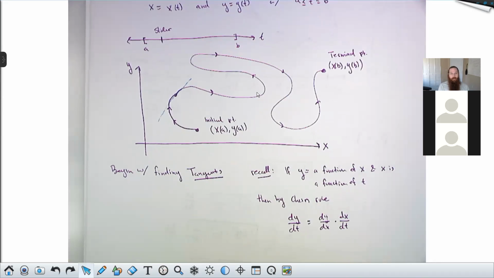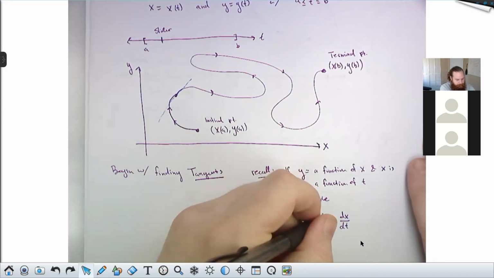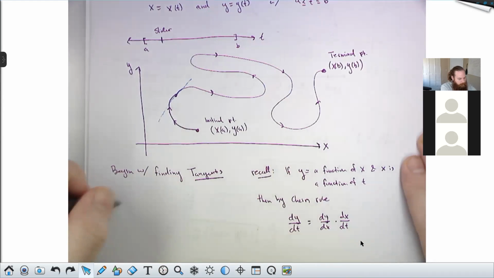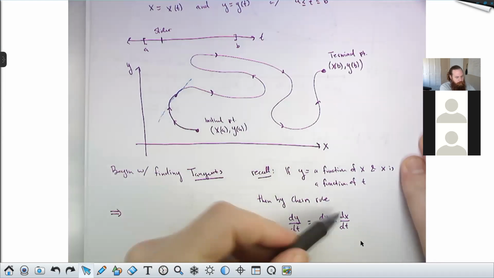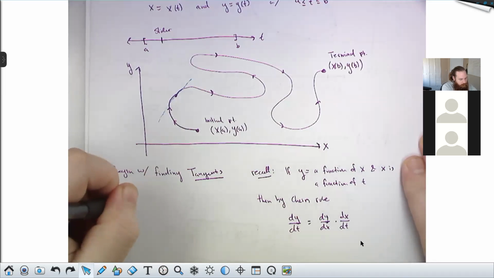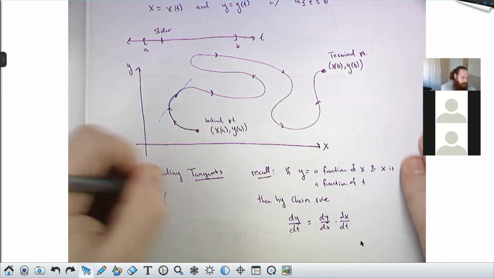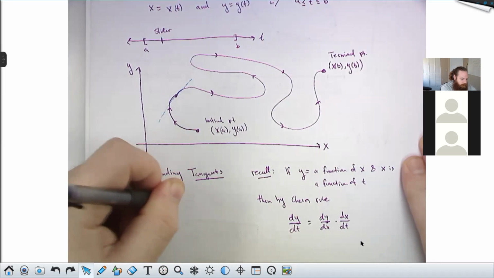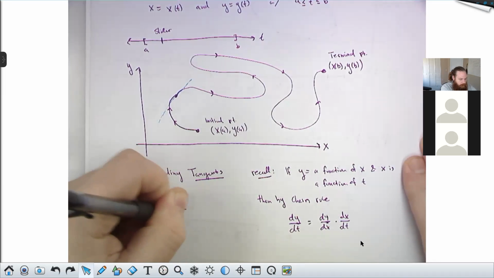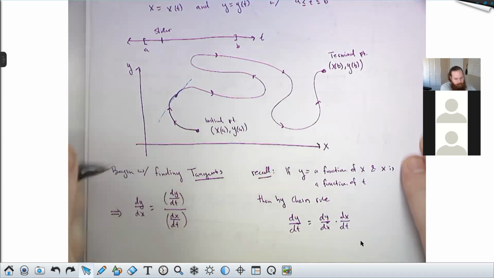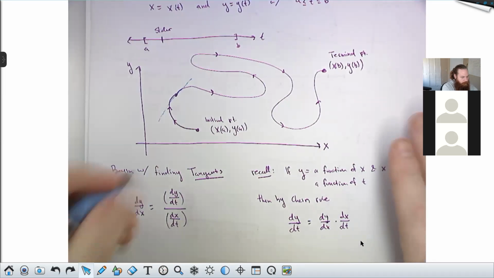But using what's called the implicit function theorem, I can say that anywhere, as long as I stay away from these vertical tangent spots, I can think of y in every little window here as being a function of x, and that makes this calculation valid, which would mean if you divide both sides by dx/dt, you get that dy/dx is dy/dt divided by dx/dt. So this is our first important formula.